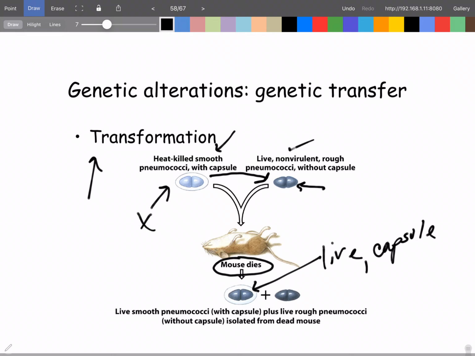It wasn't until the 1940s, about 20 or 30 years later, that Avery, McCarty, and McLeod were able to demonstrate that this transforming material was DNA. They took the cell soup and digested it with DNases, RNases, proteases, and other biomolecule-degrading compounds, and showed that only when DNase was added were they able to eliminate the transforming material, which turns out to be the genetic material.